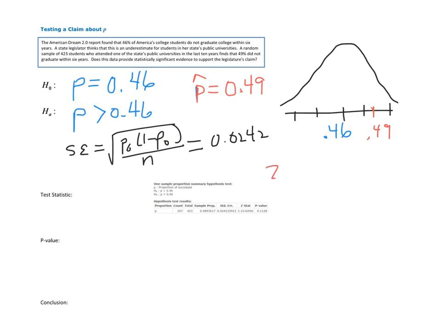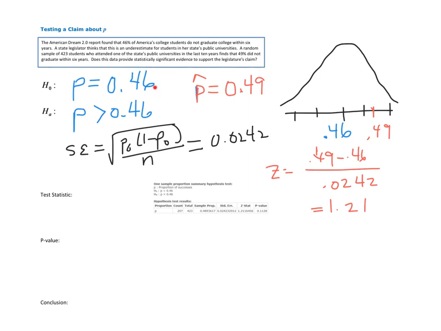You take 0.49 minus 0.46, your observed p hat minus p, divided by your standard error. If you work that out, you get 1.21. And that looks consistent with the picture up here.